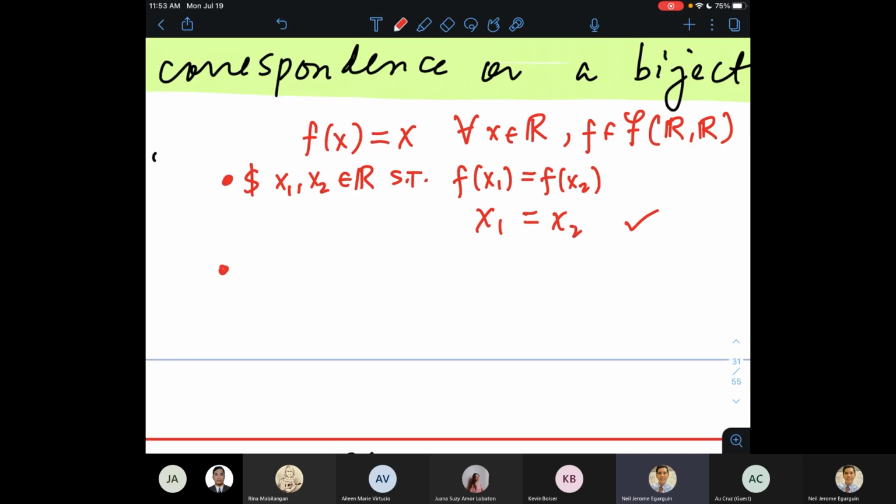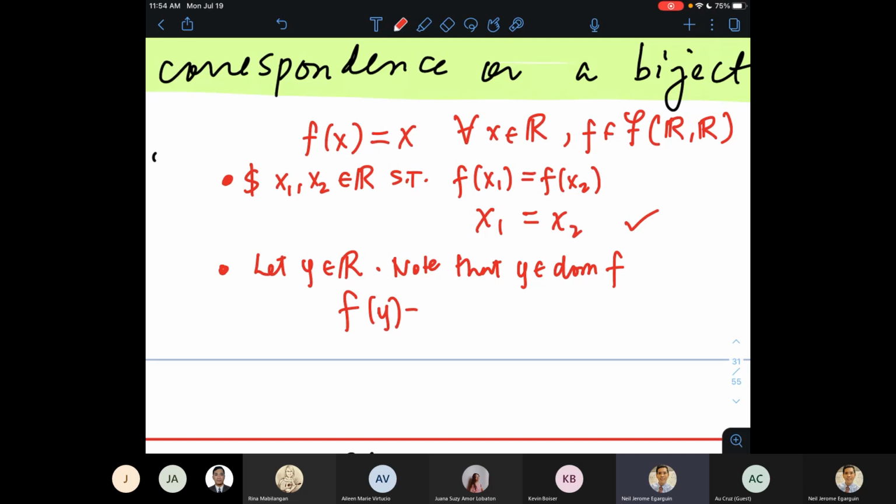How do we show that this is epic? To show that this is epic, we want to show that every element of the codomain has a pre-image, right? So I'll take an element of the codomain, which happens to be R as well. So let y be in R. And I want to find an element of the domain whose function value is equal to y. Note that y is an element of the domain, dom f, which is basically R, and f of y is equal to y.